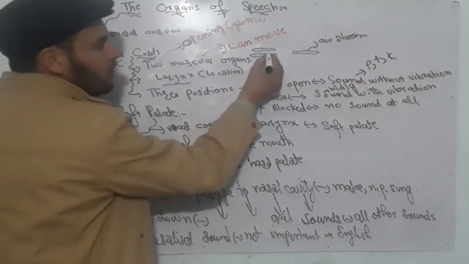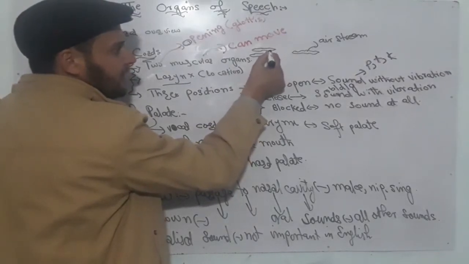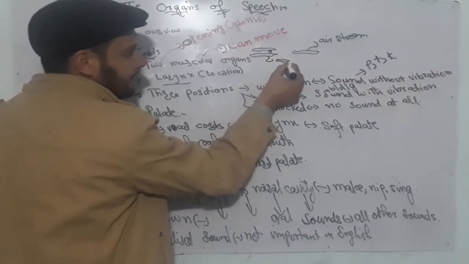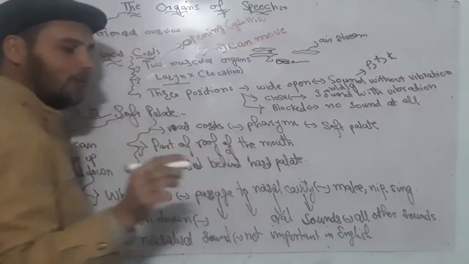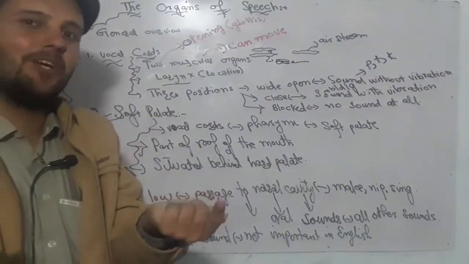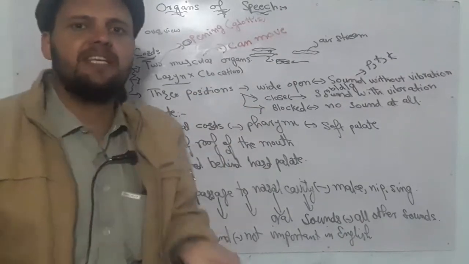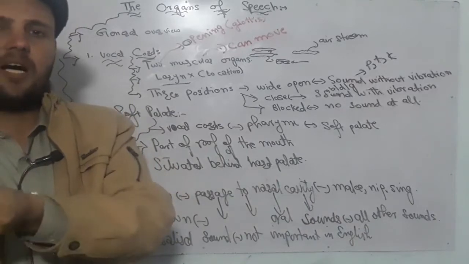First, the vocal cords can come close to each other, like this, and the airstream can't go. It repels the airstream. When the airstream can't go ahead, it means that no sound can be produced. So this is my first position.